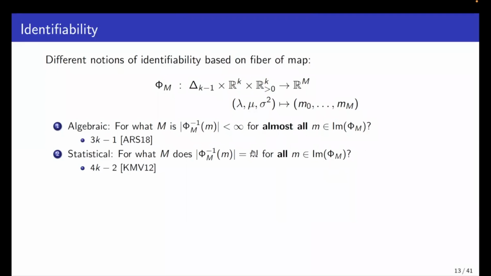And in 2012, this was resolved, and it was shown that if you take the first 4k minus 2 moments, each fiber will have exactly k factorial points. Moreover, they show that there exist Gaussian densities that are not identifiable using moments of order less than 4k minus 2. So really, this bound is sharp.